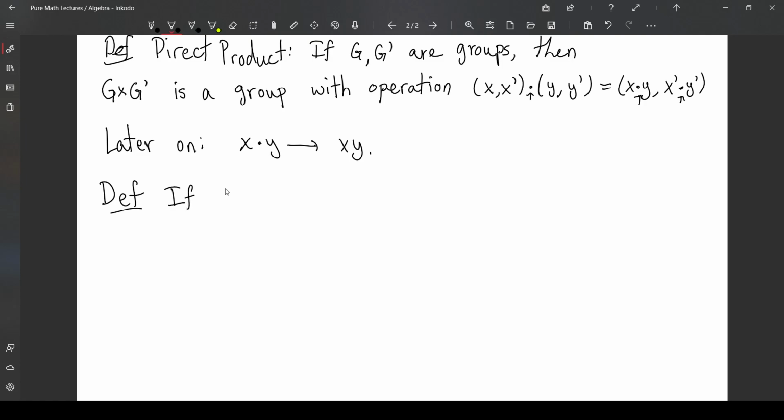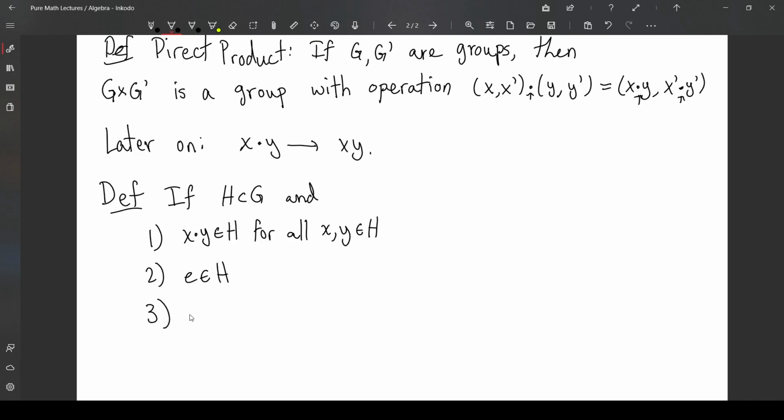So if H is a subset of G and 1, x times y is in H for all x, y in H, 2, e is in H, and 3, x inverse is in H for all x in H, then H is a subgroup of G.